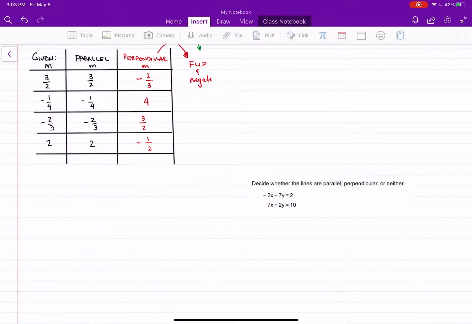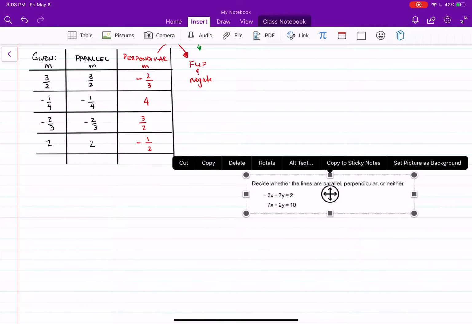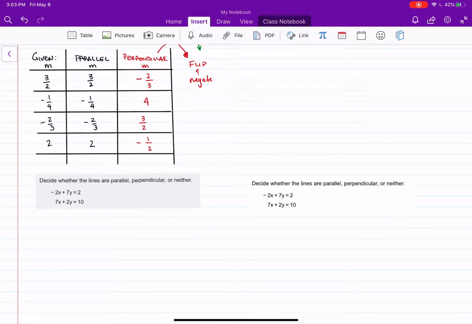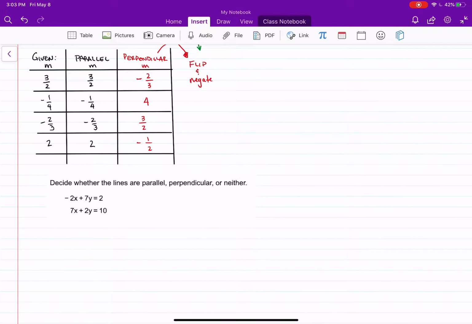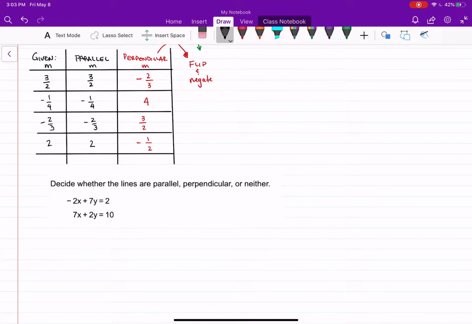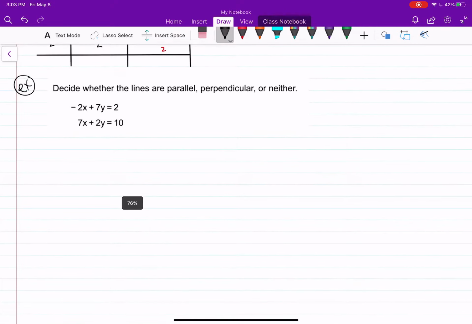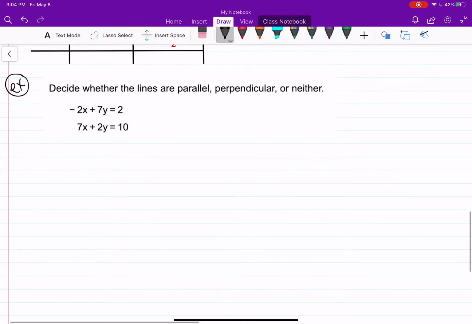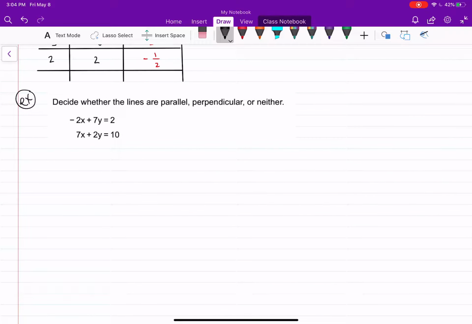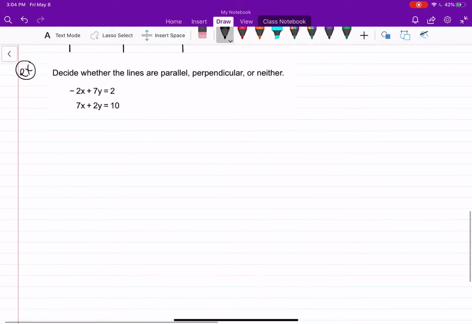It's going to want to know, decide whether the lines are parallel, perpendicular, or neither. Okay, so I have 2 lines here. They each have an x and a y in them, so that means I have 2 diagonal lines. Let me take this first one as red and the second one as green.